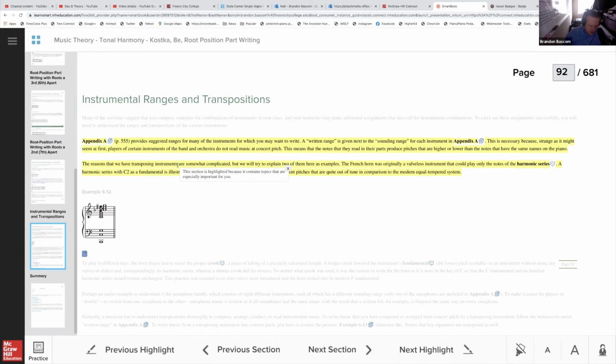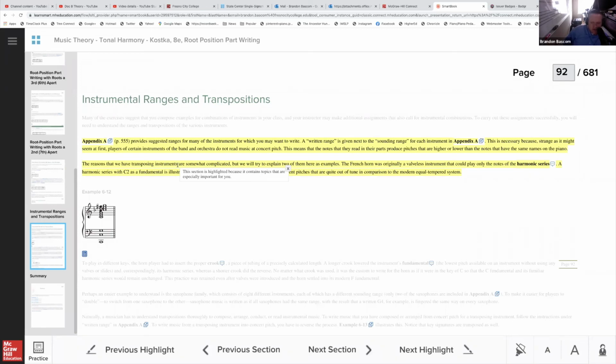All right, there's two little catchphrases that help us. And they go like this. If a transposed instrument player sees a C, it sounds its key.